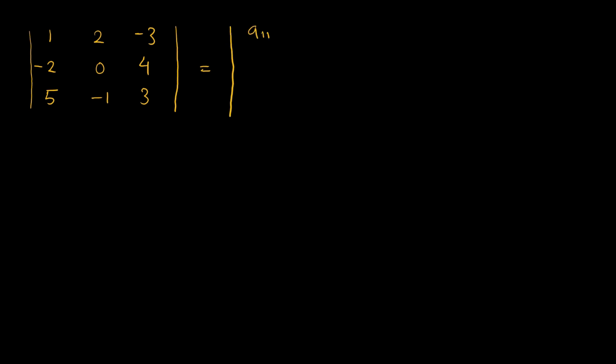Okay, let's take an example and understand it. Let's say I have the determinant 1, 2, minus 3; minus 2, 0, 4; 5, minus 1, 3. Now you have to compare this given determinant to the general determinant a11, a12, a13, a21, a22, a23, a31, a32, a33.